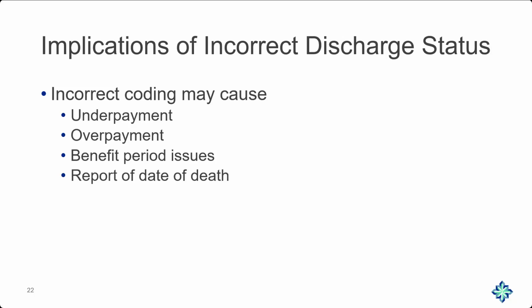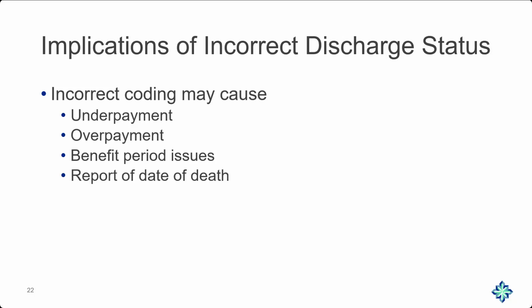Any days that the patient used on your claim is put back into their benefit period or their bucket of days to use. And in the interim, another facility's claim could come in and process and take those days, whether they were full days, coinsurance, lifetime reserve days, and you're left with a benefits exhaust situation.